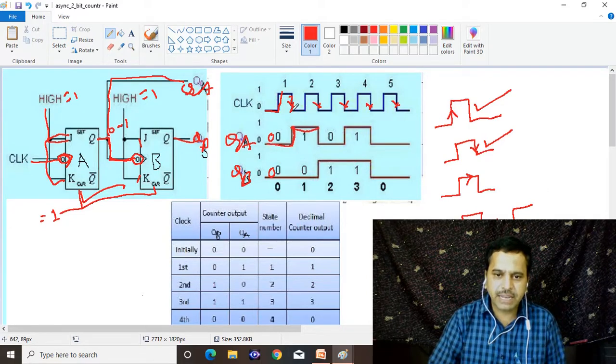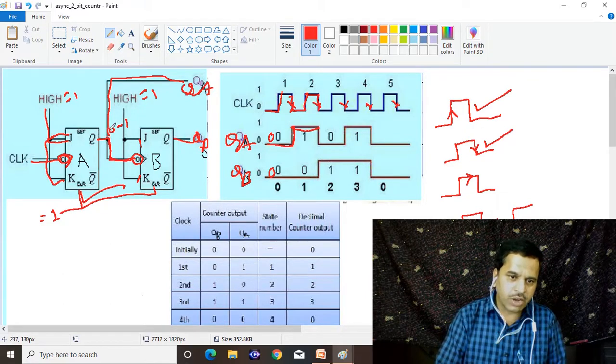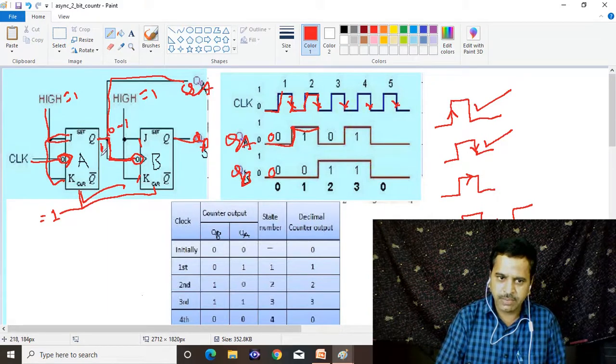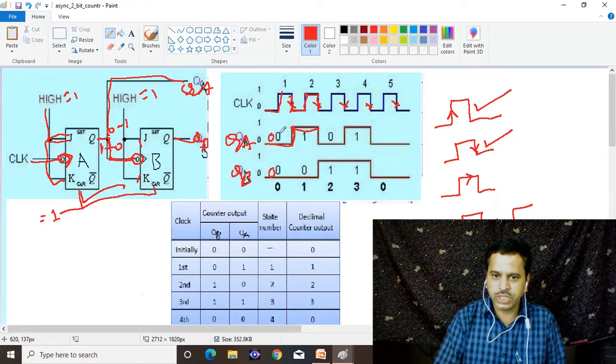During the second clock pulse, when it goes from 1 to 0, the output is 1 already. During the second clock pulse, the output 1 goes to 0.